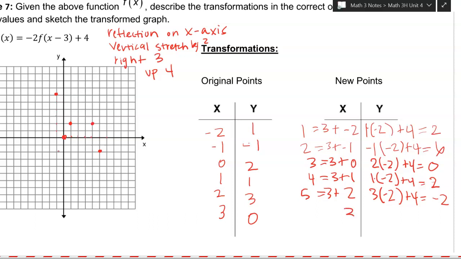And then the last one, (3, 0). So we get 6. And then just 4. So 6 and then 4. So 1, 2, 3, 4, 6, 1, 2, 3, 4. And then we connect our dots.